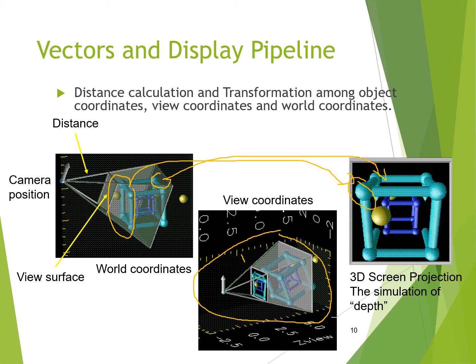We have the near plane and the far plane. All the things between the near plane and the far plane will be projected, compressed into a 2D screen. We still have the world coordinate, the view coordinate, and the screen coordinate here, but the setting is a little bit different, and we still have the camera position and the camera look at position.